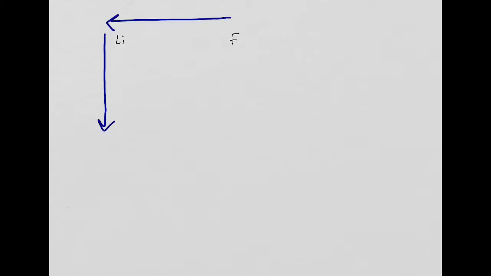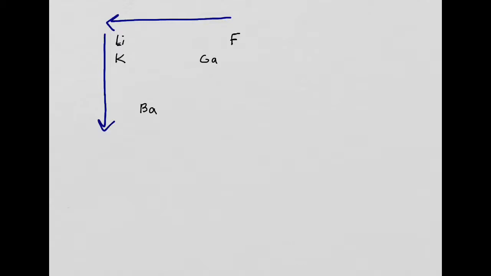Then I have Ga right here. So here's my fluorine, here I have lithium, same row. Ga is over here. And then I have potassium, which is in the same row as gallium. And then barium is going to be over here. So put these things relative to each other.